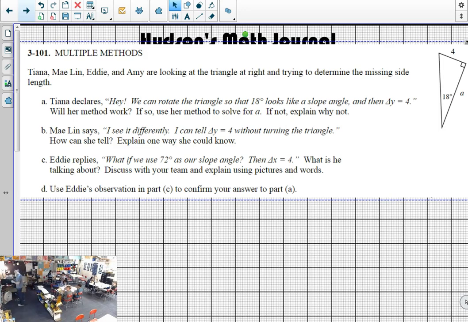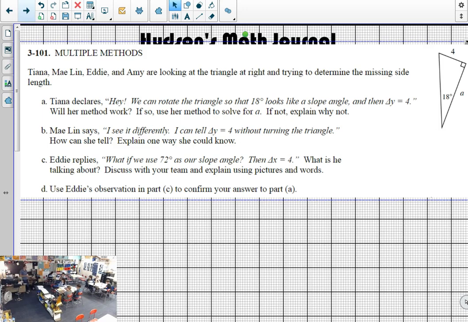So, Maylin, Tiana, Lynn, Eddie, and Amy, a lot of people, are looking at this triangle. They're all crowded around, very excited about this triangle. Tiana declares, hey, we can rotate the triangle so that the 18 degrees looks like a slope angle.